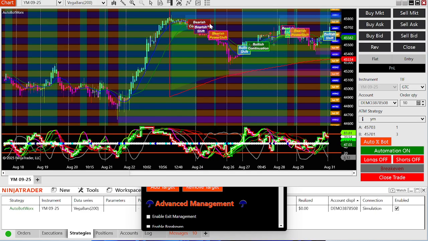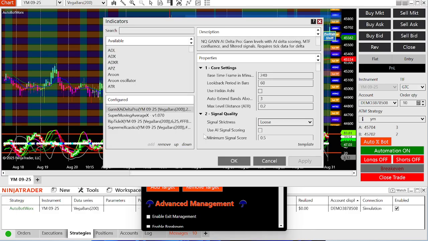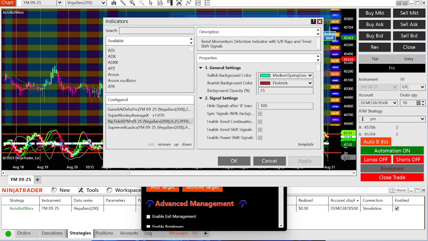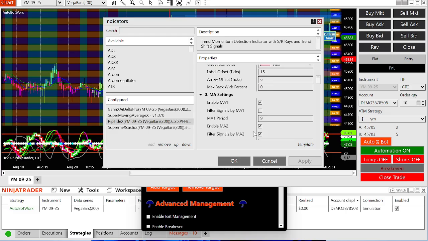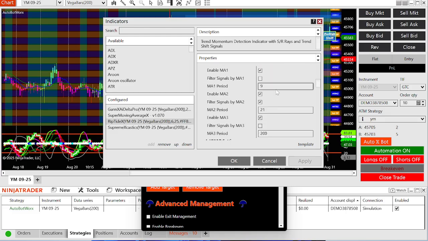Now, as far as the indicators, again, I'm using an SMA strategy here. So the biggest change between my testing here is going to be in the SMAs. Now, I use a 9, a 21, and a 200 SMA.